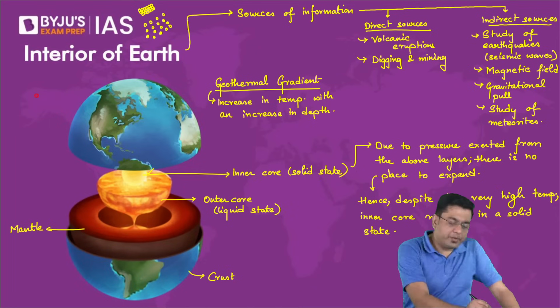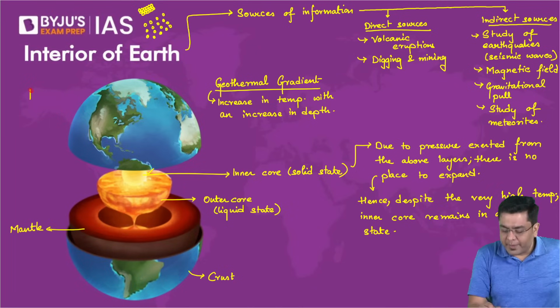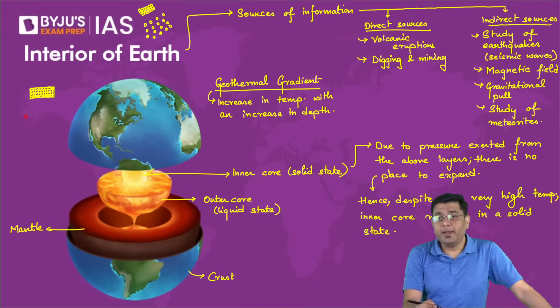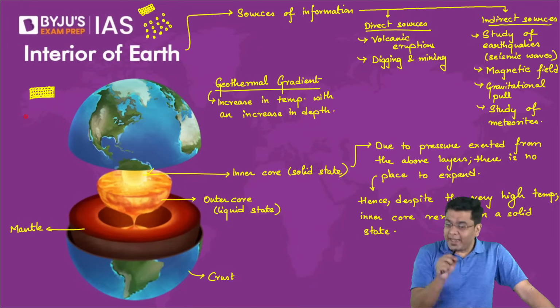Any solid substance. So when you have a solid substance, the molecules are very close to each other. The molecules are closely attached to each other, isn't it? Now, for this to get converted into liquid, I hope we are aware that in the case of the liquid, the molecules are away from each other.